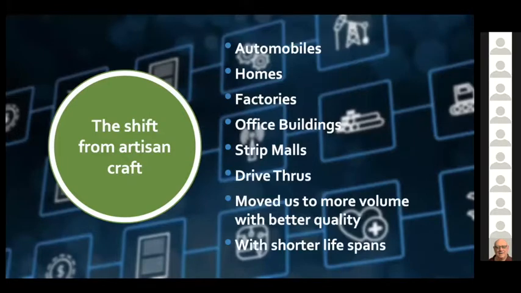There was this very strong shift from the artisan craft in making automobiles, in making homes. And we started to see factories and growing factories. Now, factories had been around for a while for some industries, but not for widespread industries.